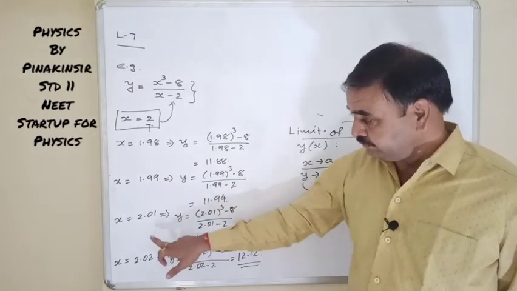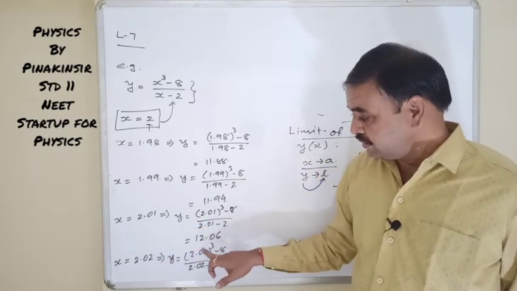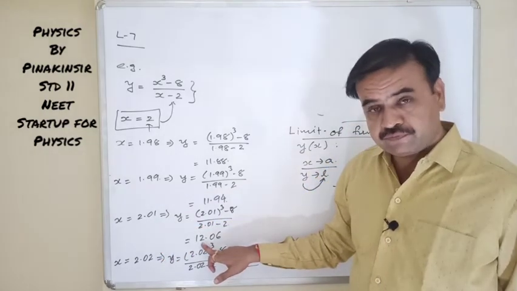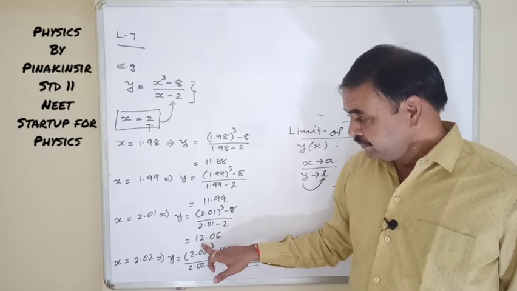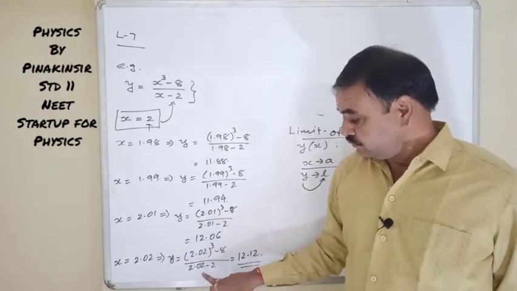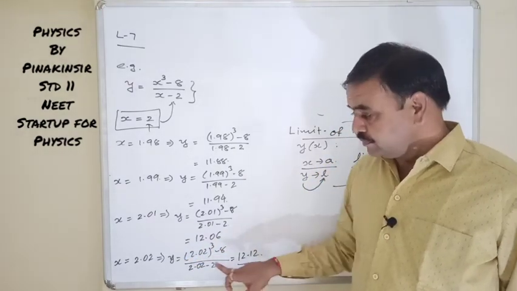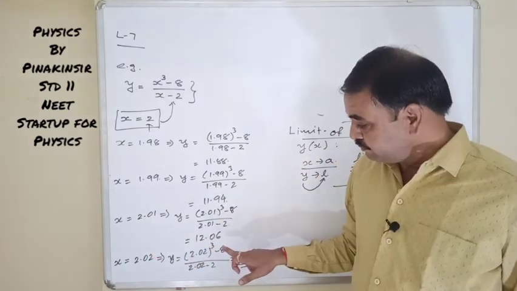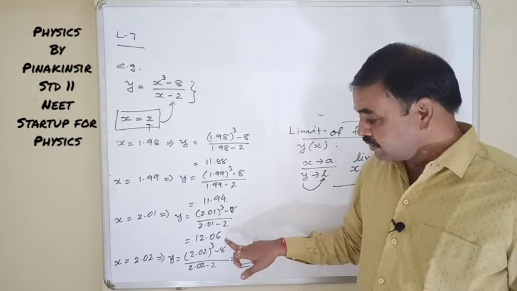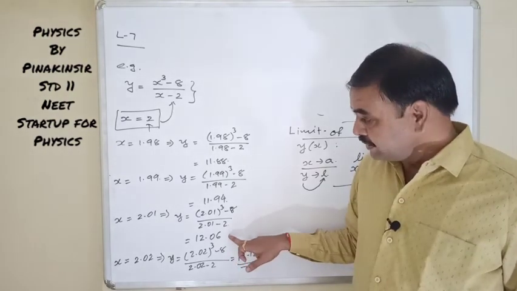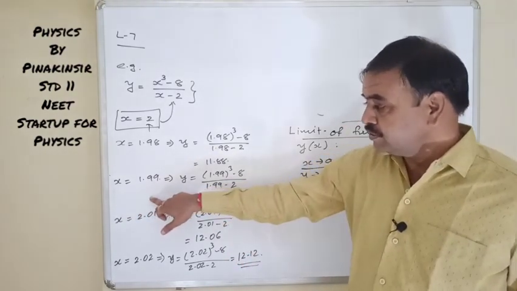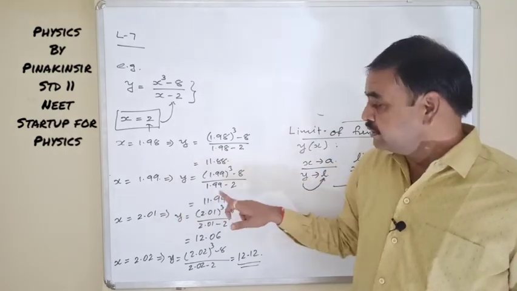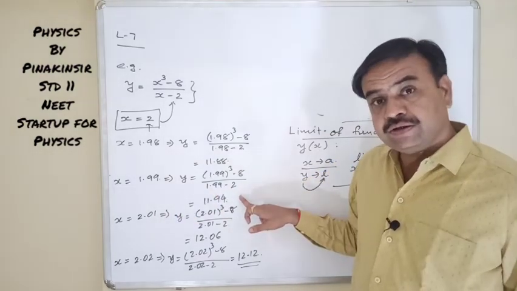See here, 2.01 is there, then y is 12.06. For 2.02, y is 12.12. What does it mean? If we are decreasing by 0.01, then a 0.06 difference is covered in the value of y, and thereby we can say that if in between the value x is equal to 2, then y will be equal to exactly 12.